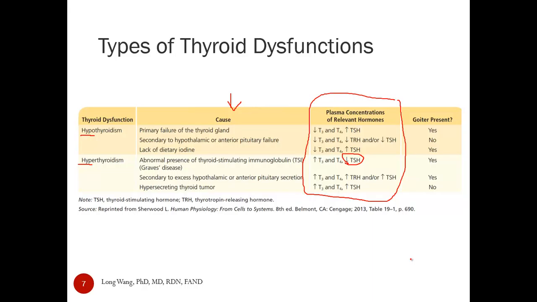So please keep that in mind. That's why if we suspect the person has a thyroid problem, in addition to checking T3 and T4, usually the physician will also check TSH, because that could give us clues as to where the root cause of the thyroid problem is. Again, it may not be the thyroid gland itself.